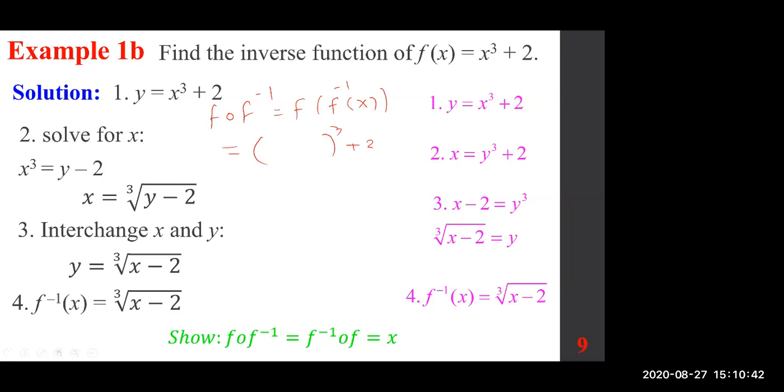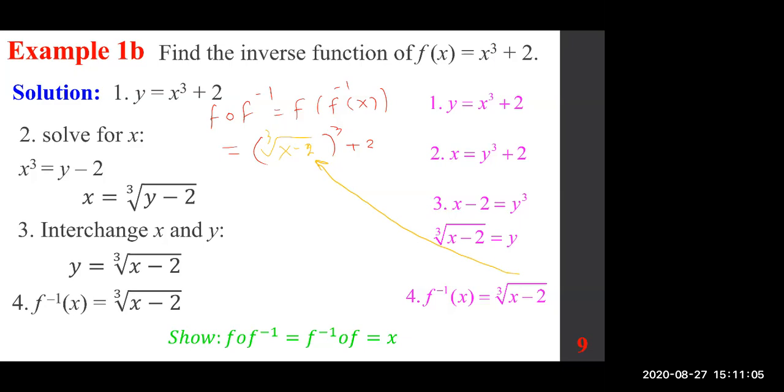Now I'm going to use a different color. I'm going to replace this with f inverse, which is cube root of x minus 2.